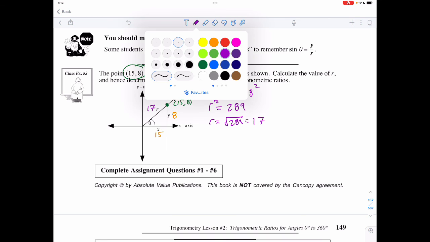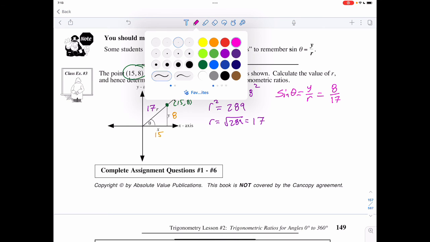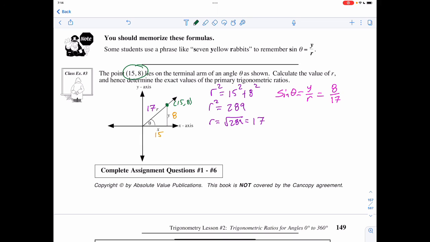From there, I can state what my trig ratios are. I know that sine of my angle is equal to y over r, which in this case is 8 over 17. I know that cos of my angle is x over r, which is 15 over 17.